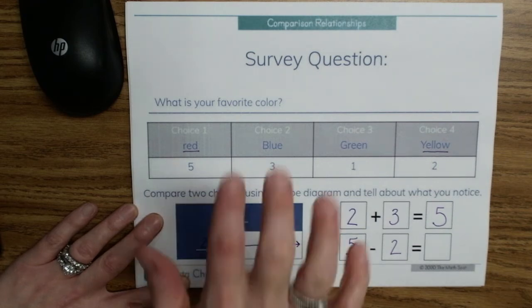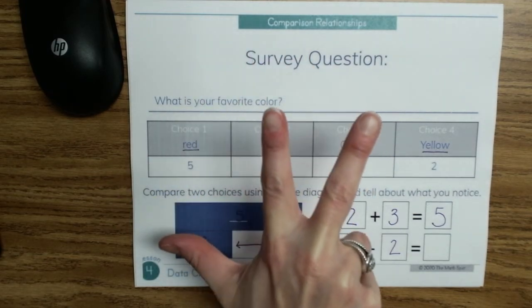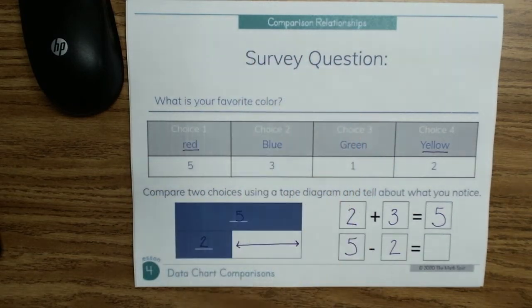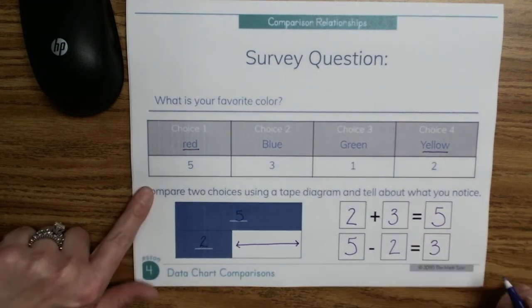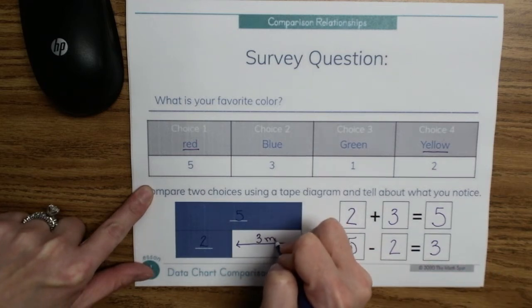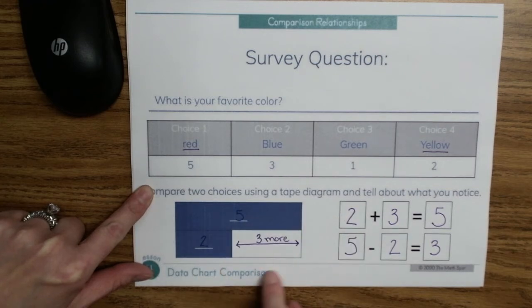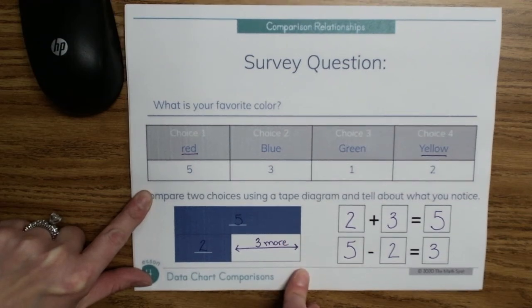So if I have 5 and I take away 2, what do I get? 3. So there were 3 more red votes. So 3 is my missing piece.